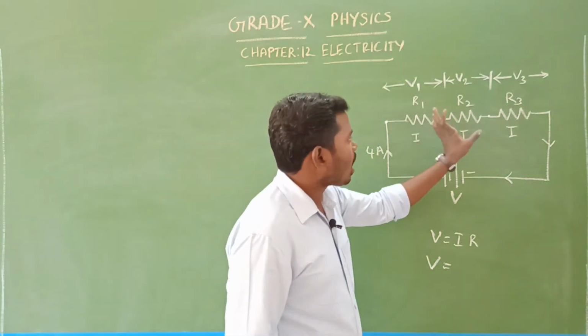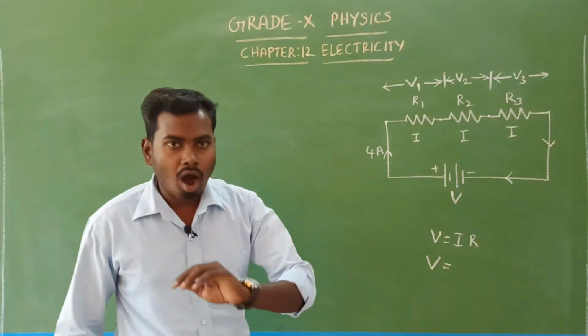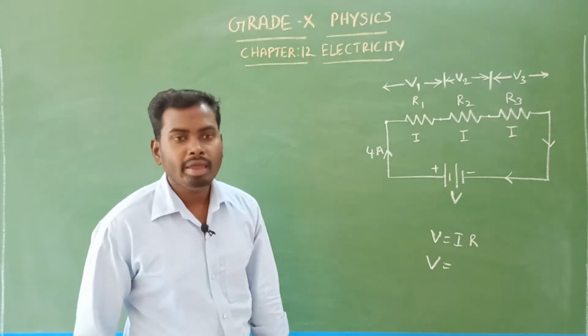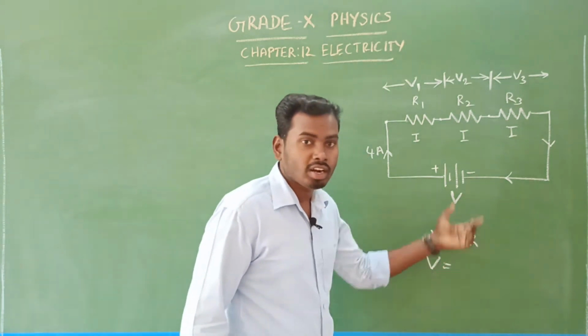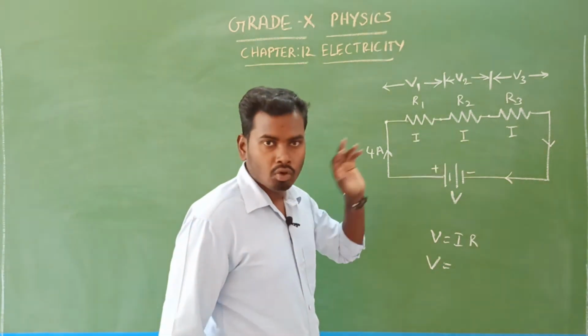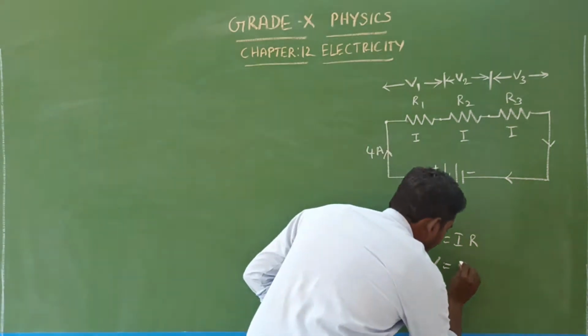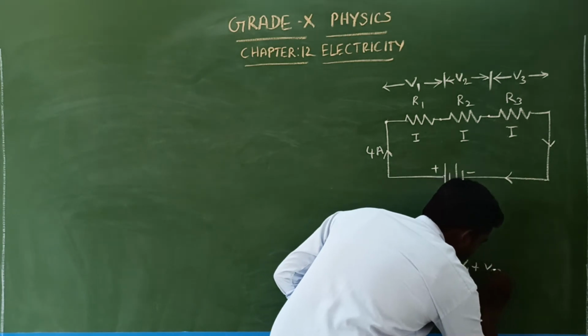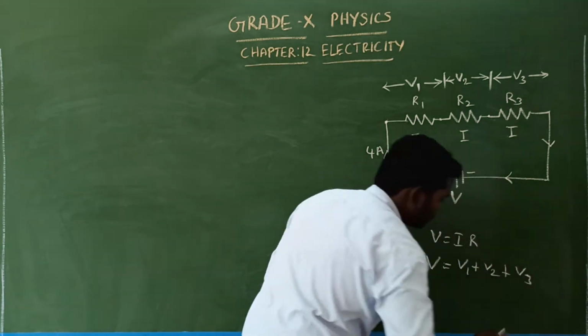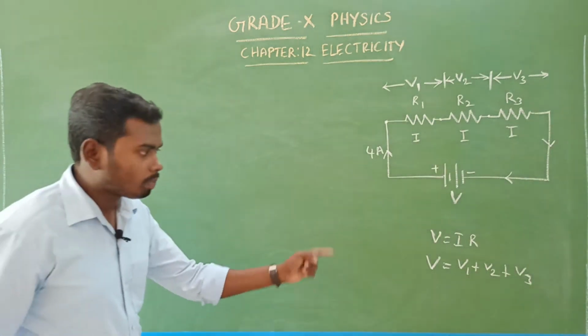So the sum of all the potential differences across all resistors will be equal to the total potential difference supplied by this battery, which means total potential difference V is equal to V1 plus V2 plus V3.